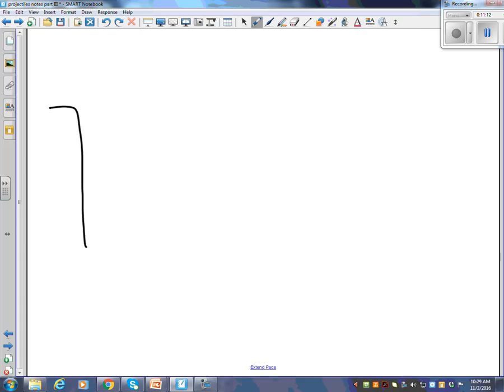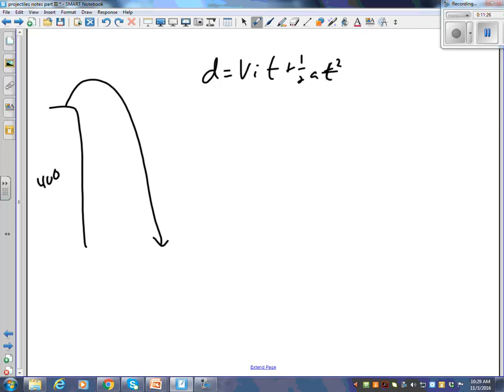I like this way. I'm going to do it in one step. D equals VIT plus 1/2 AT squared. What's the overall displacement? Correct. Negative 400.